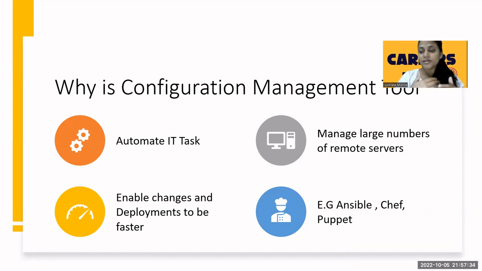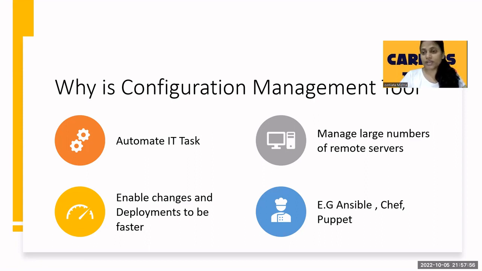So for things which require repetition or basic commands, as a human, what would you do? You log into those machines, and either you'll install some software, you'll update some software, or you'll do some configuration. Okay, so instead of doing all those things manually, we use a configuration management tool which helps you to perform those IT tasks.